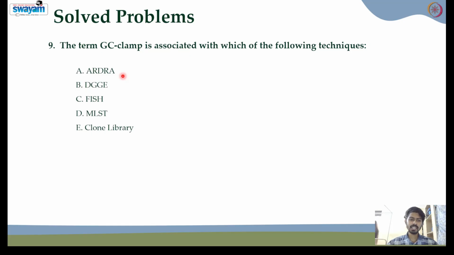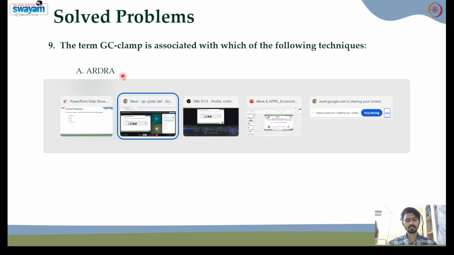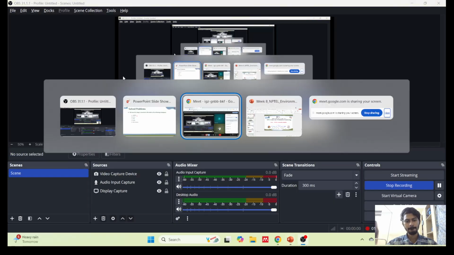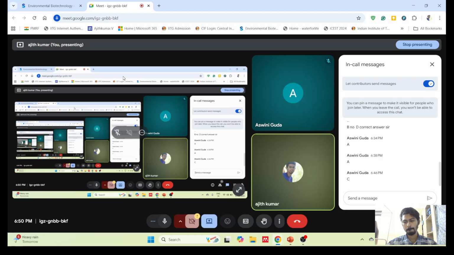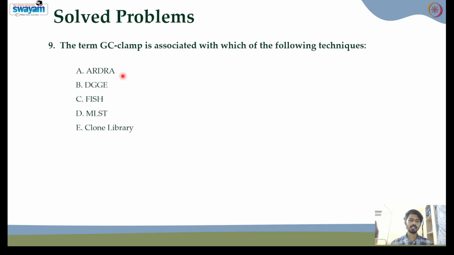So among these techniques, the term GC clamp is associated with which technique? You can observe the question and take your time. The term GC clamp is associated with which of the following techniques?